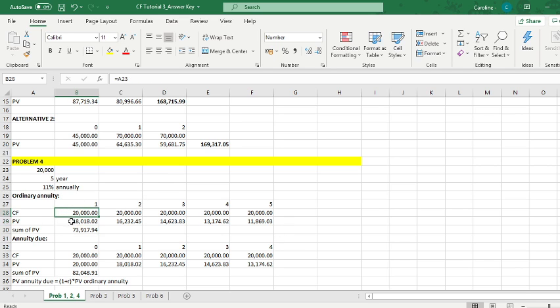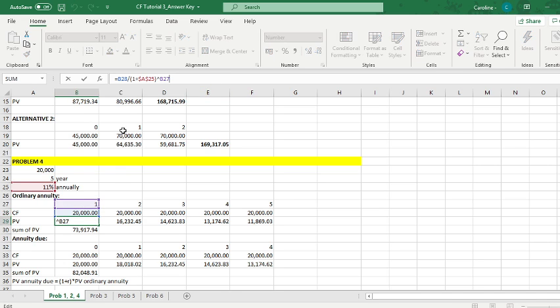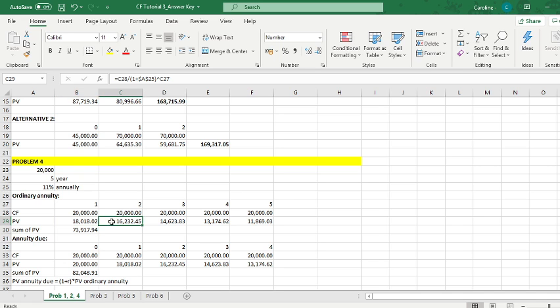So for the first year, you need to find the present value. Cash flow divided by 1 plus the interest rate to the power of the T, in this case 1. And you find the present value is this much. For the second year is the same: cash flow divided by 1 plus the interest rate to the power of the T, in this case the T is 2.